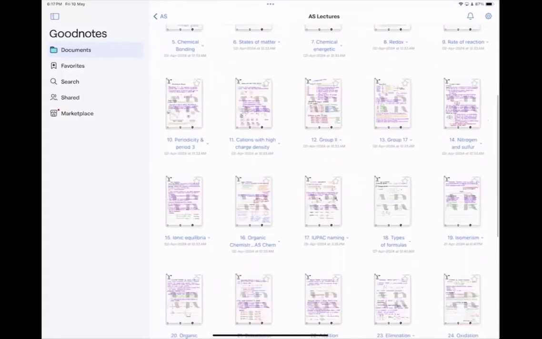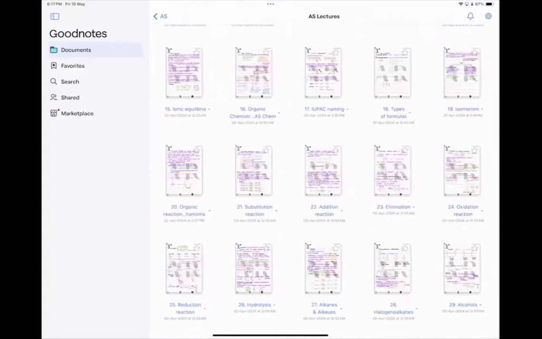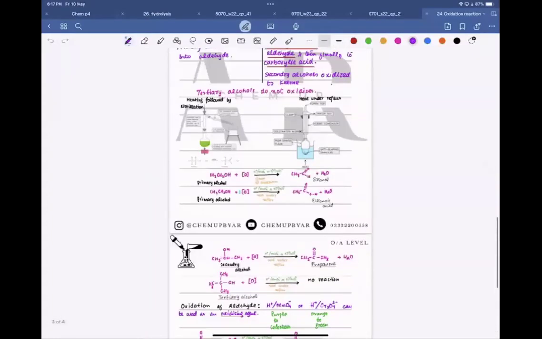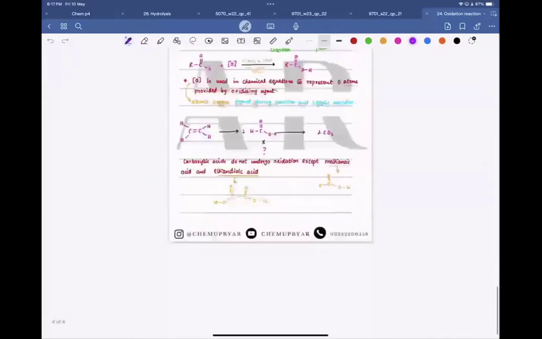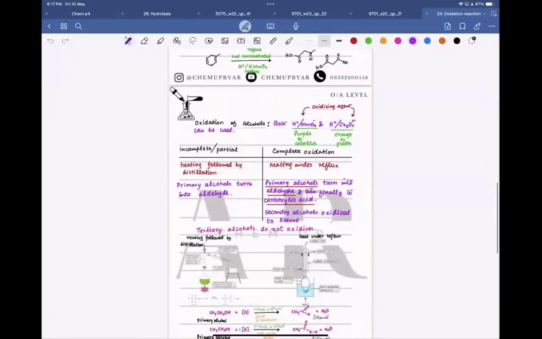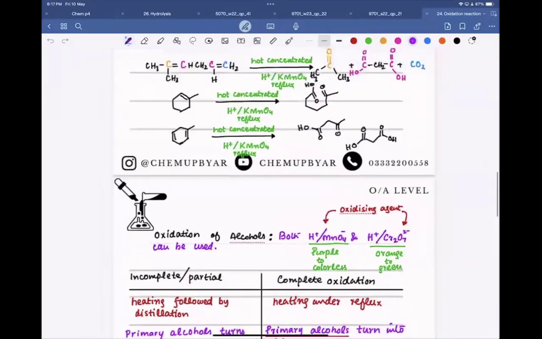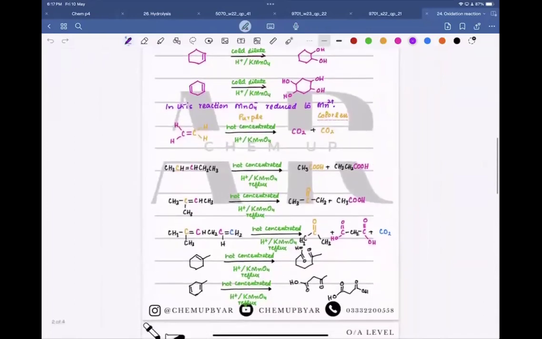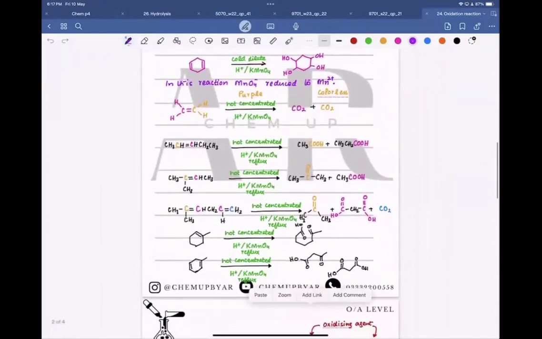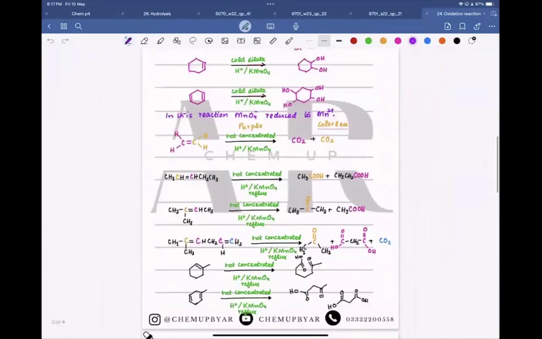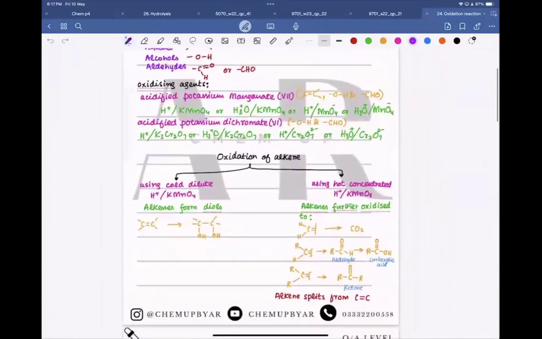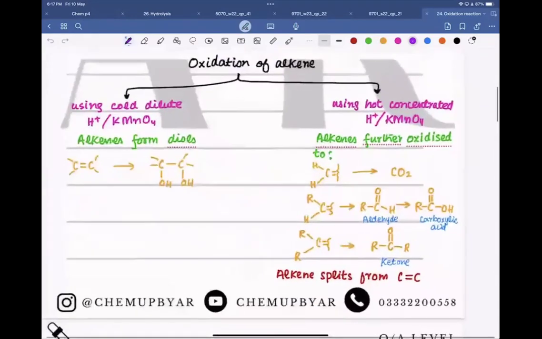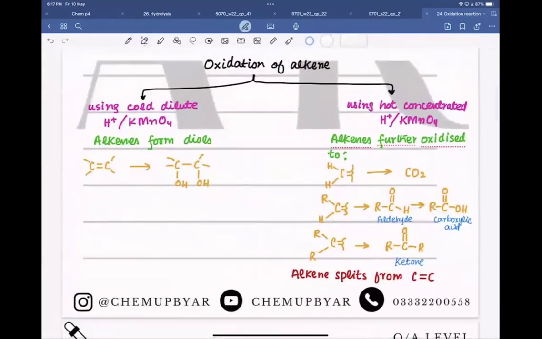When we discussed the oxidation reactions, if you see over here, where is the oxidation reaction? In oxidation, whenever an alkene is oxidized, you are not getting any alcohol, right? When an alkene is oxidized, a diol is formed, not a simple alcohol.